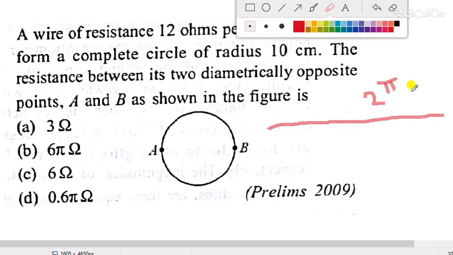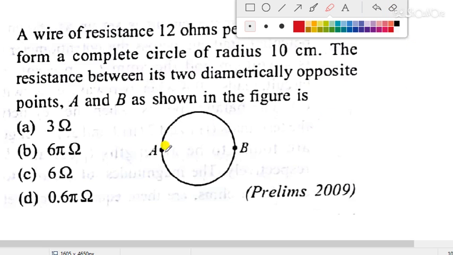So 2 pi r into the value of resistance given, 12 ohm per meter. When I put the value of r in meters, it will be 10 by 100. So that we have calculated.